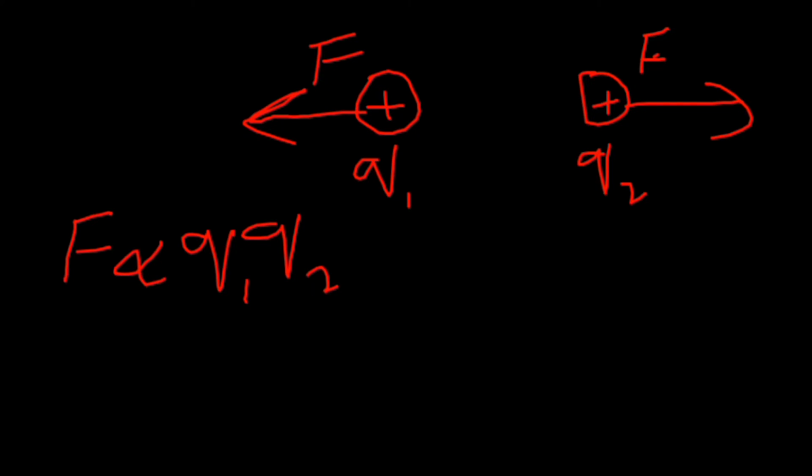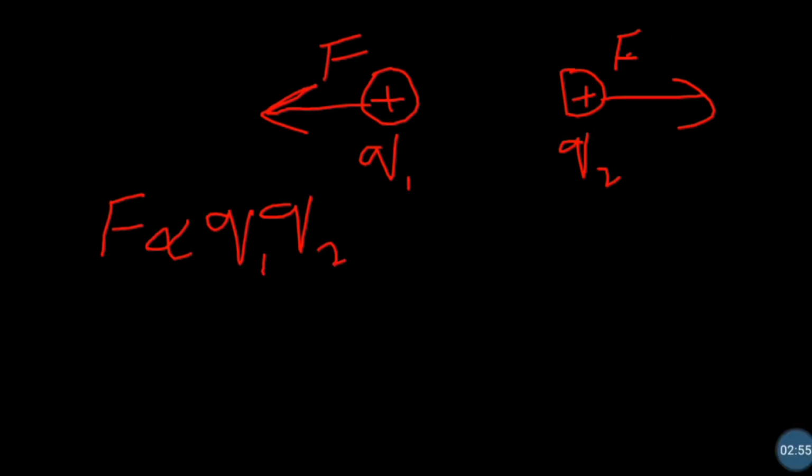This means if we increase the magnitude of any one charge, or of both the charges, then the force of repulsion between them increases. Similarly, if we decrease the magnitude of any one charge or both the charges, then the force of repulsion between them decreases.